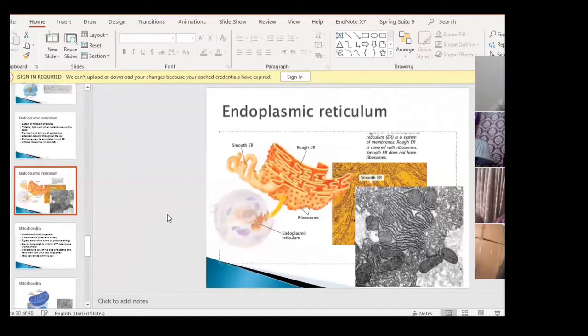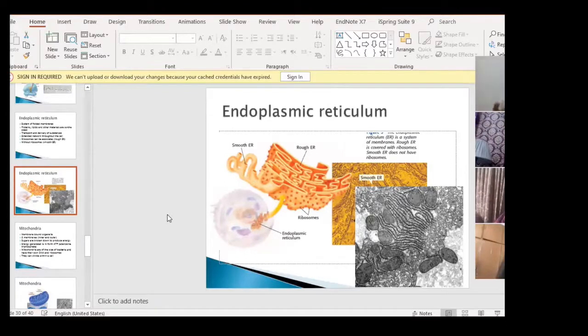The answer is that the DNA is a very sensitive, important, and delicate molecule. So it is required to be placed right within a chamber in a well-protected form. That well-protected situation can only be provided by the nucleus.